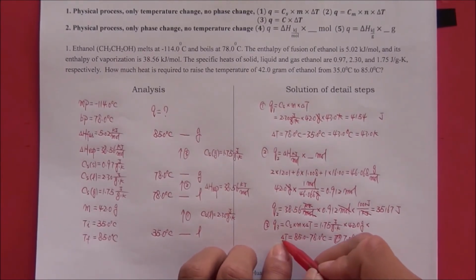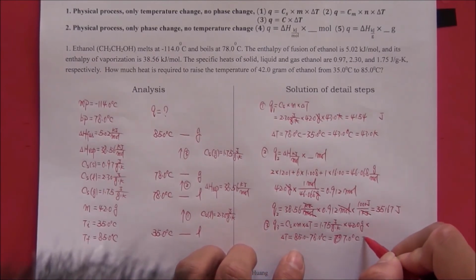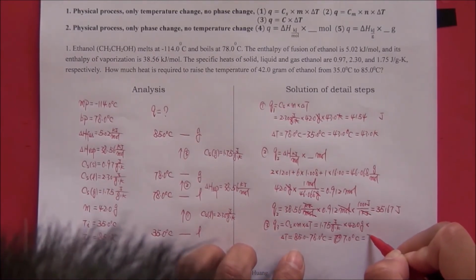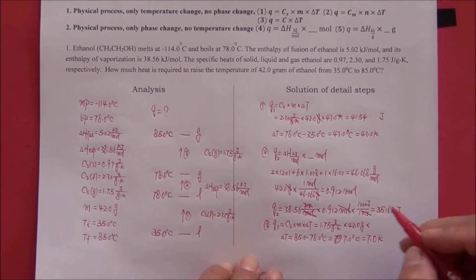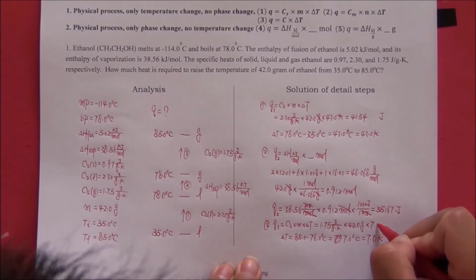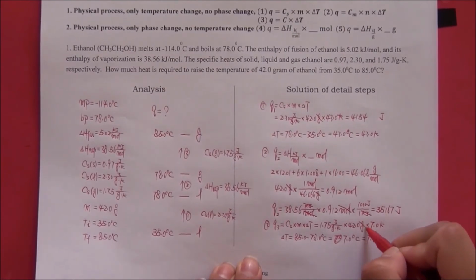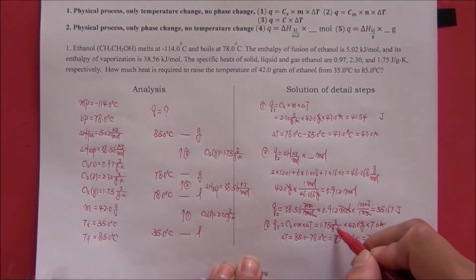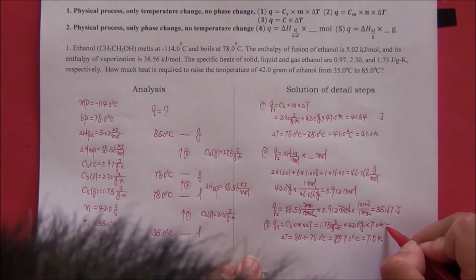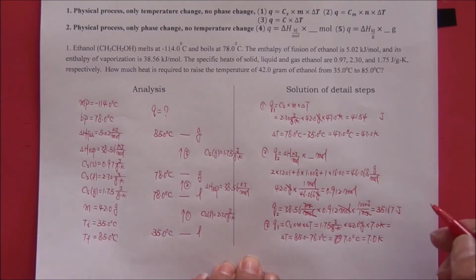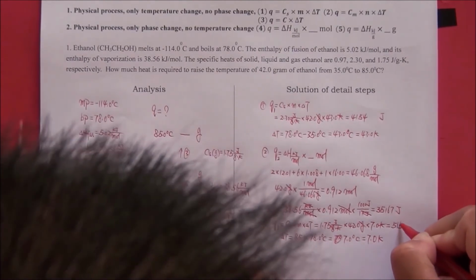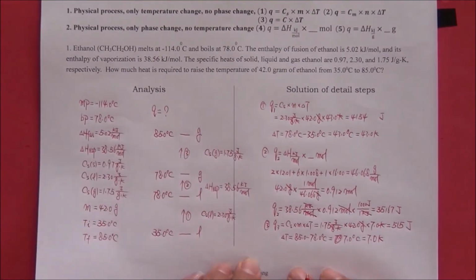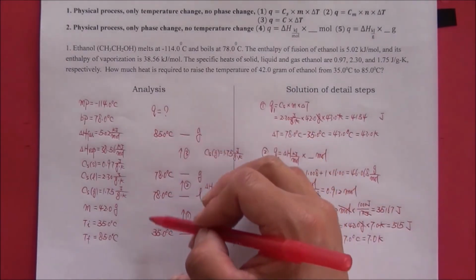The change of temperature is 7.0 degrees Celsius. Remember, if it is the change of temperature, 1 degree Celsius equal to 1 Kelvin. Therefore, the change of temperature is 7.0 Kelvin. We put the change of temperature here. Gram cancel, Kelvin cancel. We will get joules, which is 515 joules.